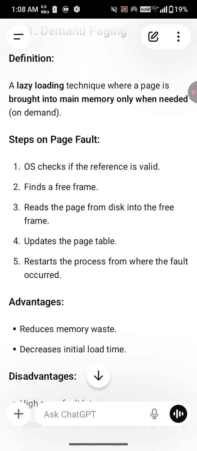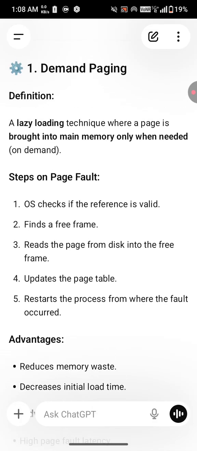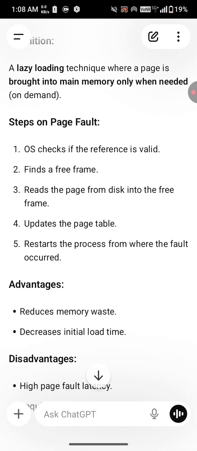Advantages of demand paging: reduces memory waste, decreases initial load time. Obviously, without demand paging, memory is used from the starting time, which may be a waste of memory.